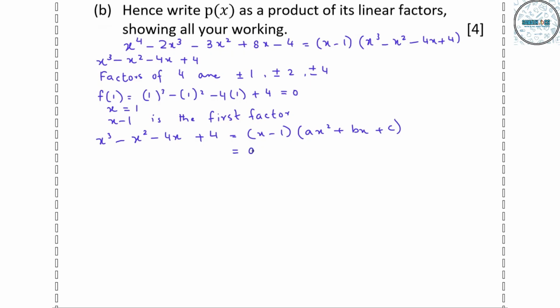X multiplied by ax squared is ax cubed, minus ax squared plus bx squared minus bx plus cx minus c. We will equate coefficients of x cubed, coefficients of x squared, and the constant term.